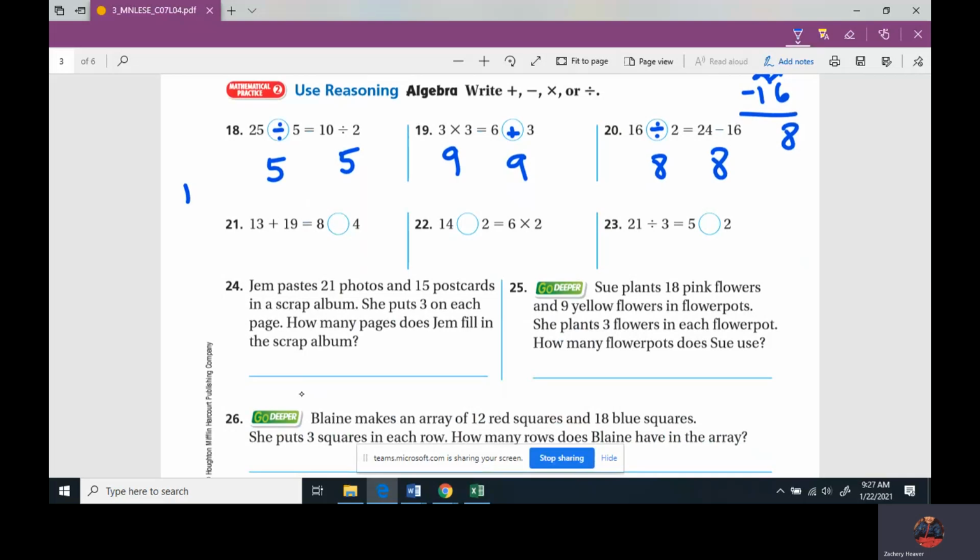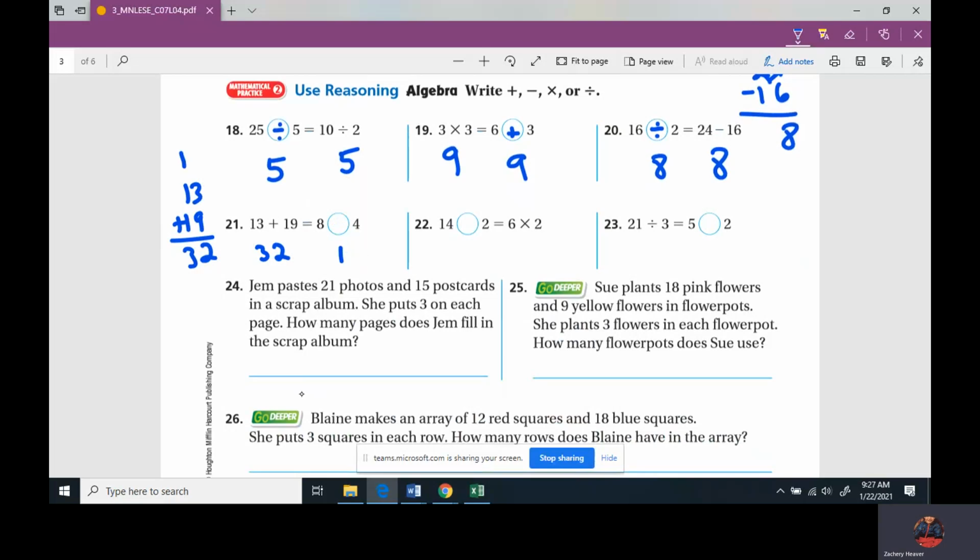Brett, 13 plus 19. What's 9 plus 3? No, plus. 9 plus 3 is 2, carry a 1. 1 plus 1 plus 1. So this side equals 32. Now, what's 8 plus 4, Peyton? Are they equal?